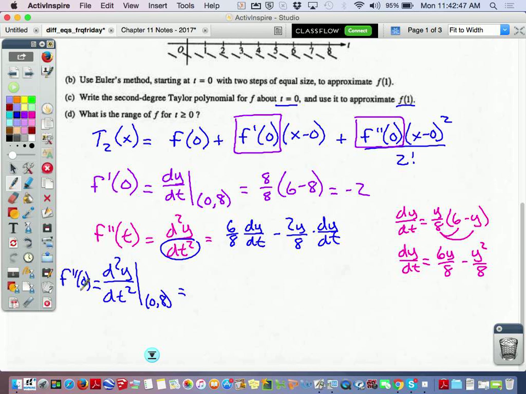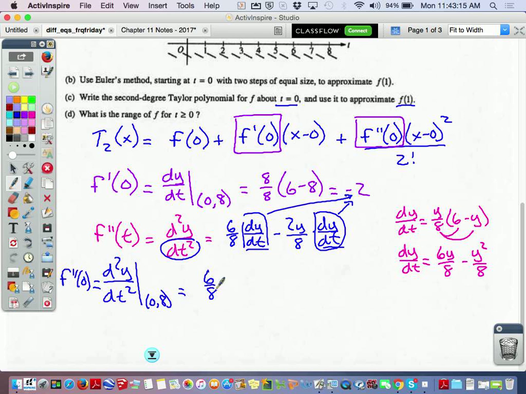So two different ways to write that notation. When I go to take the second derivative at (0, 8), notice my second derivative is in terms of my first derivatives. I know what my first derivative is at the point (0, 8). That first derivative is equal to negative 2. So I can plug in negative 2 while I'm plugging in 8 for y.